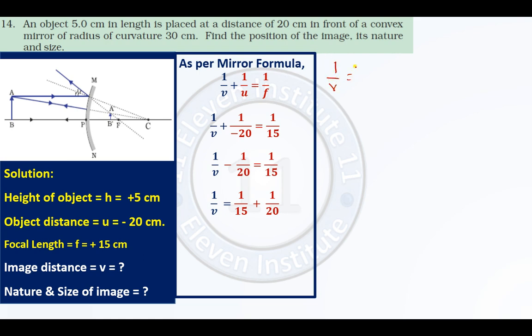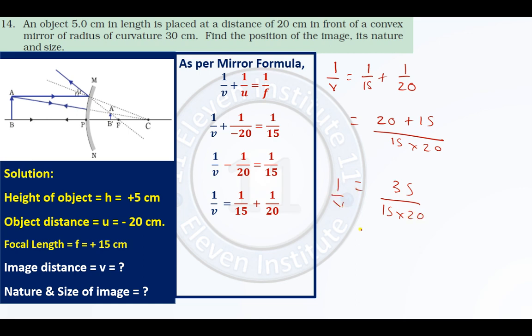Now let me solve this over here. 1 upon v is equal to 1 upon 15 plus 1 upon 20. Right, so this will be 20 plus 15 divided by 20 into 15. Now 20 plus 15 is 35 upon 15 into 20.